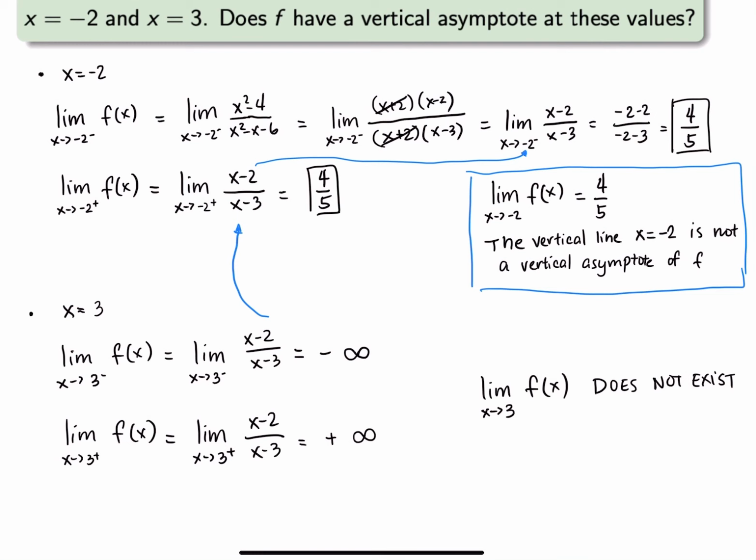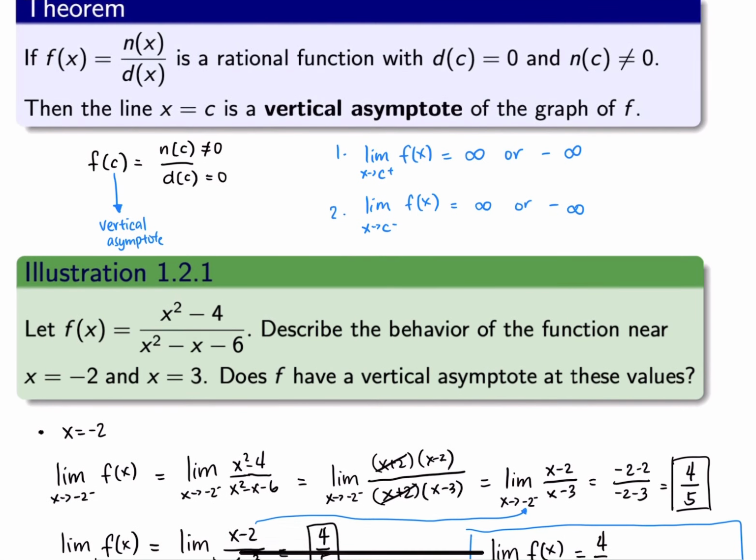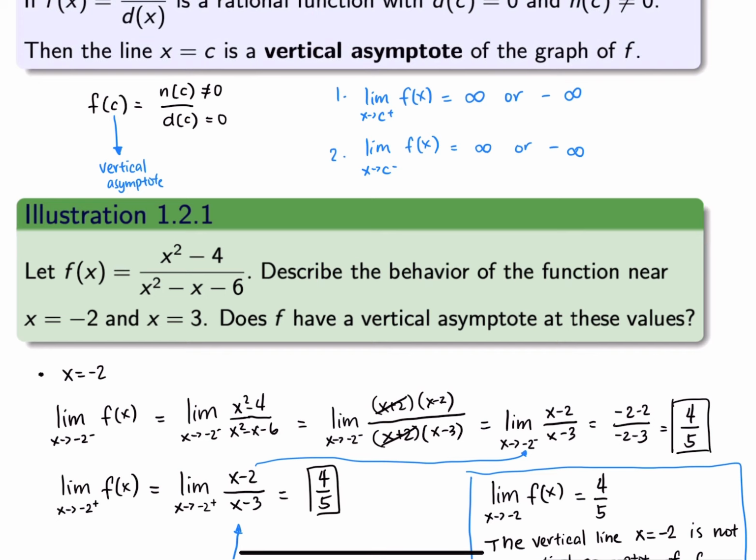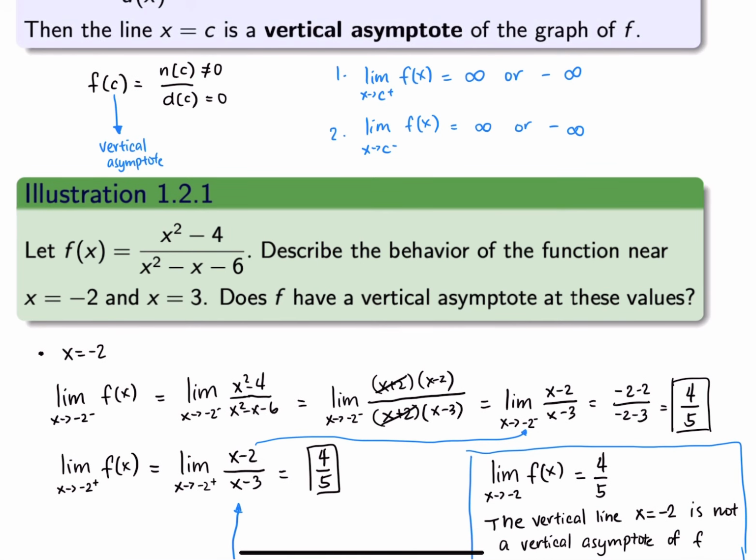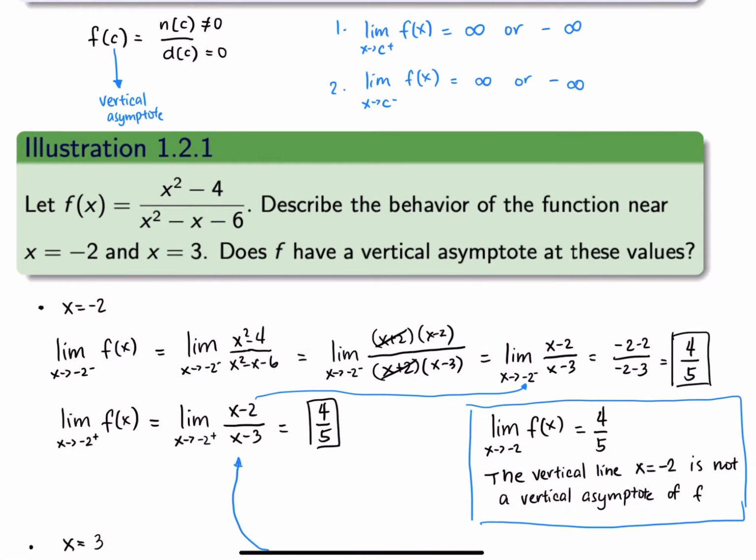And with regards to the vertical asymptote, the vertical line x equals 3 is a vertical asymptote of f. Okay? Because it also satisfies one of the properties here, since the limit of f of x as x approaches c from the right and from the left are equal to either positive infinity or negative infinity.